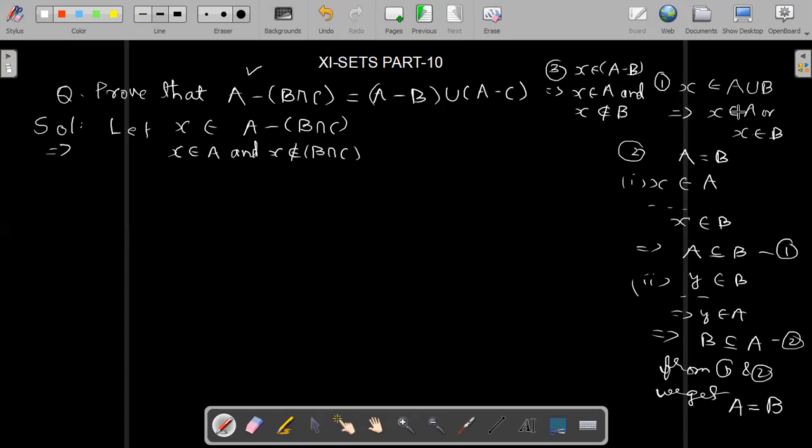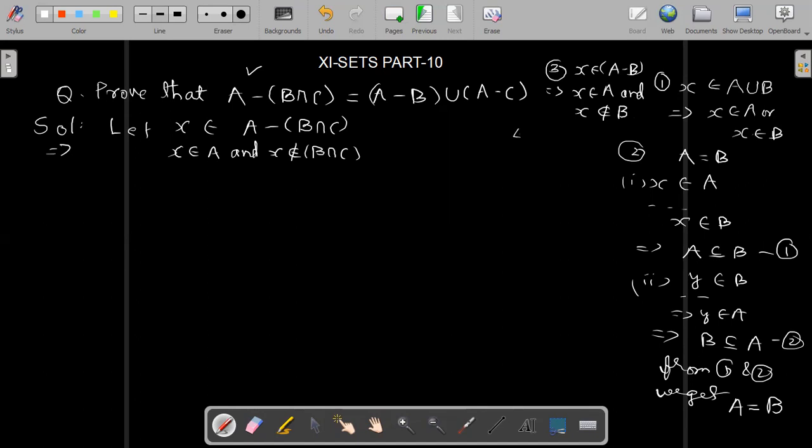Very important thing: when we have X belongs to A union B, we write X belongs to A or X belongs to B. If it is intersection, we will write and. But when we get the opposite, suppose X does not belong to A union B, then because union is or, the or will change into and.